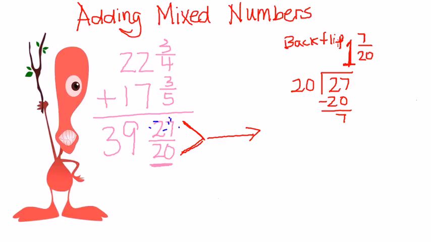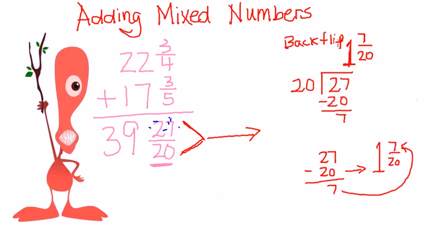If you do the subtraction method, you start out with 27. Take out 20. That gives you a full whole. It's our big whole number. Subtract, and then the 7 goes over here over the original denominator of 20. Okay? So this now is no longer here.